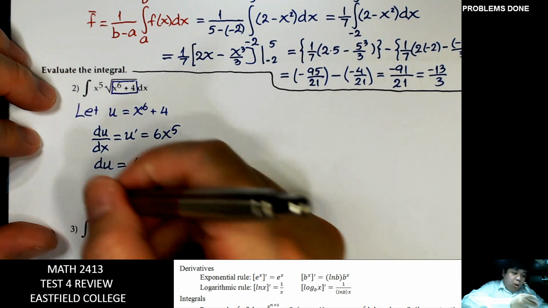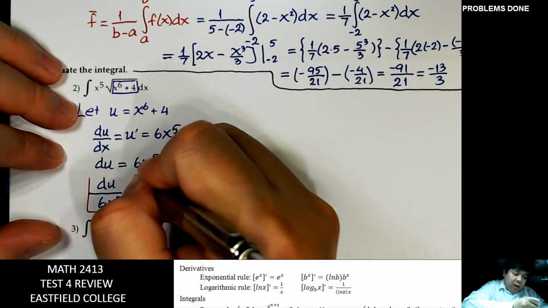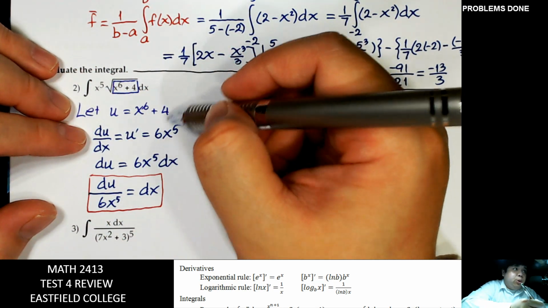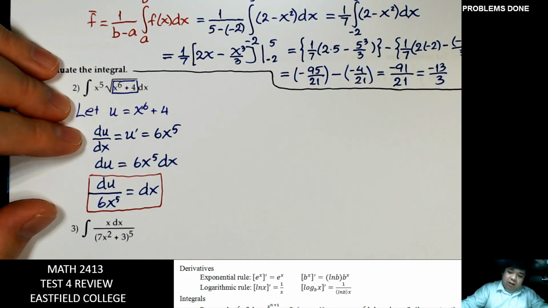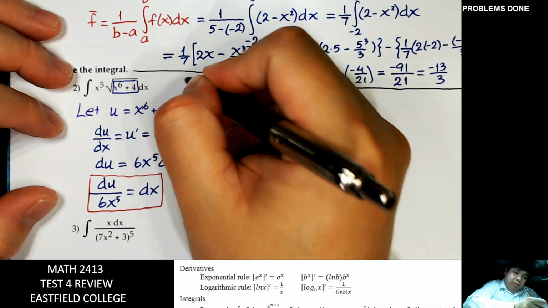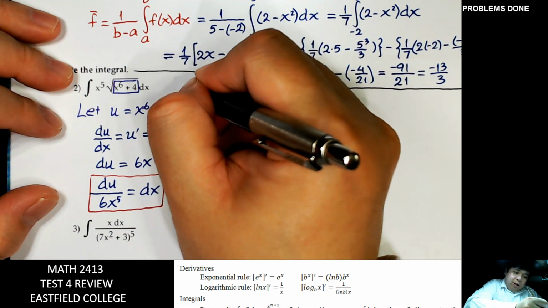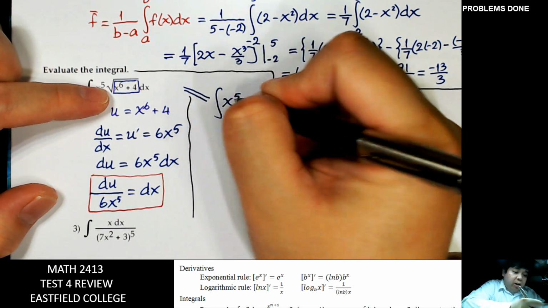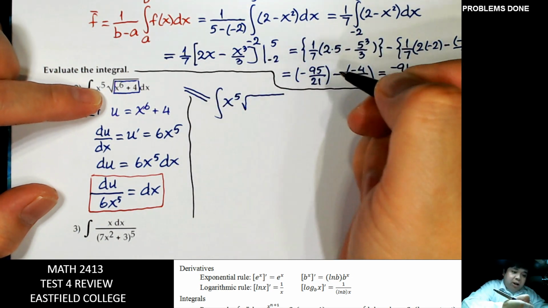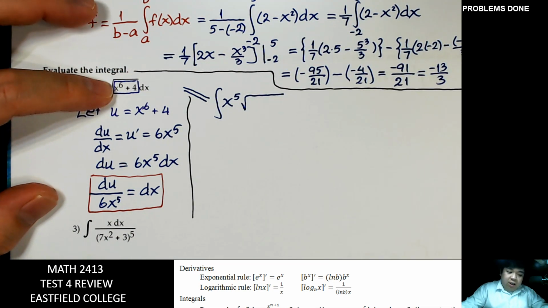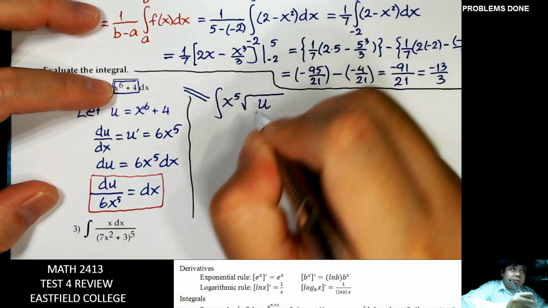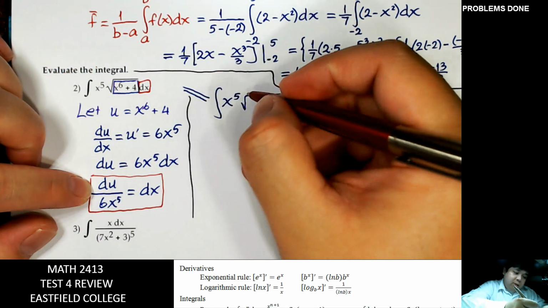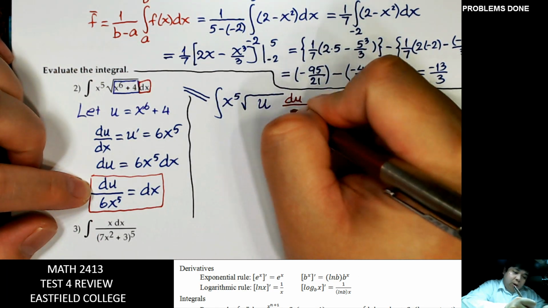So we need two important things, u and dx. And then we do the substitution. x to the 5th is still there, square root still there, and then that is going to be u. And dx is du over 6x to the 5th.